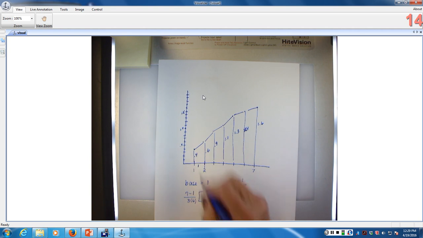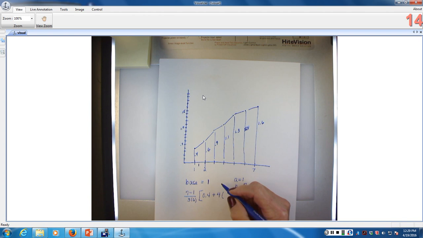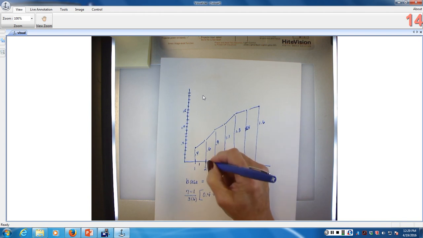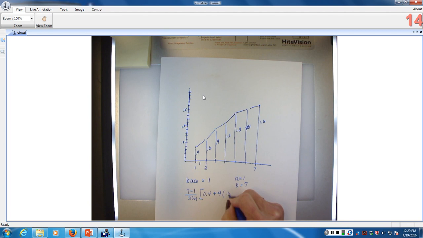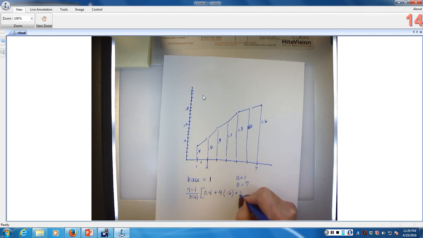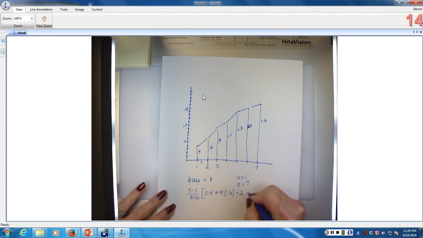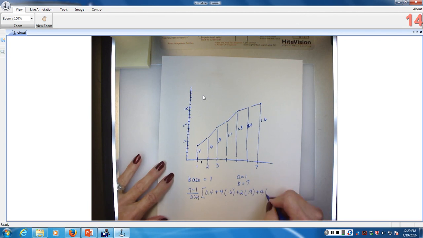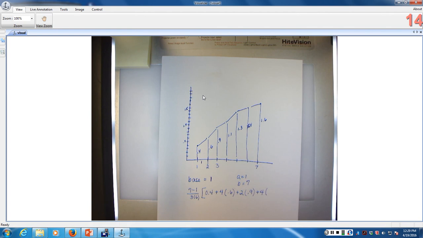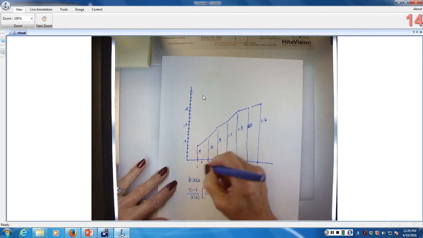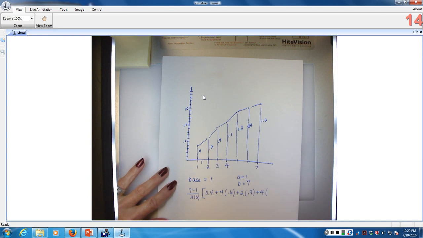It says to take 0.4, which is the value at f of x sub 0, and then 4 times the value of f of x sub 1, which would be 0.6, plus 2 times the value of f of x sub 2, which is 0.9, plus 4 times the value of f of x sub 3. So this is 0, 1, 2, 3, so that's 1.1.